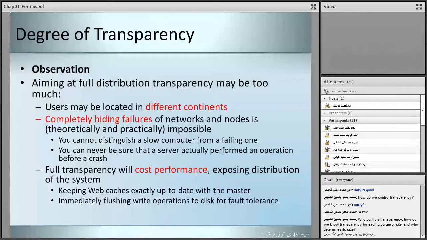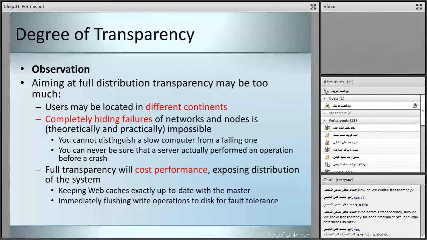Your computer suddenly shuts down. So, for fault tolerance, you don't want to lose your information.